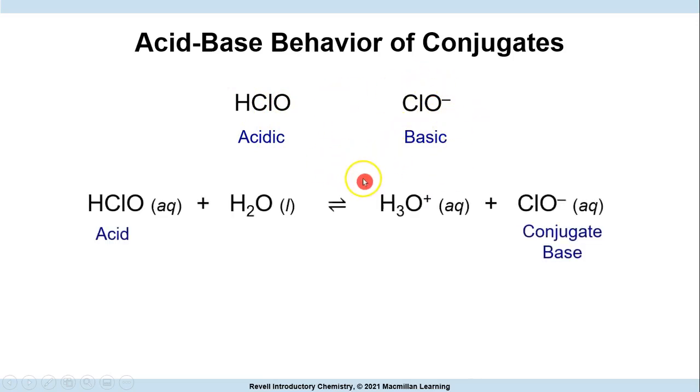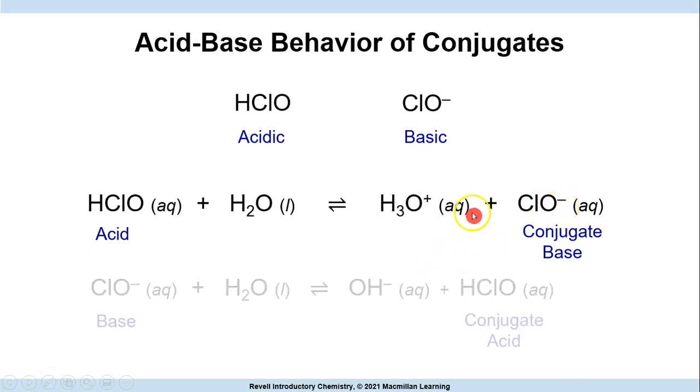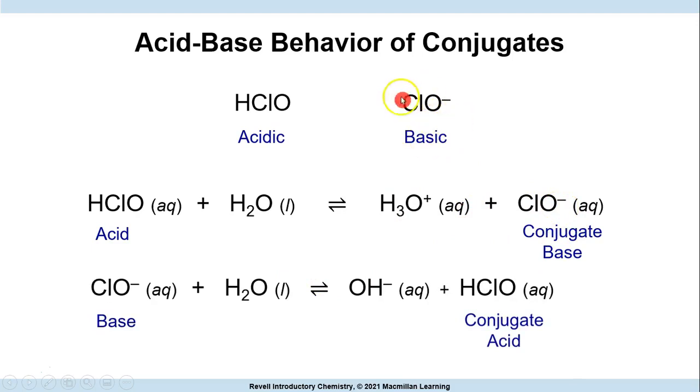Now in this reaction, we have the hypochlorous acid reacting with water to give the hydronium ion and the ion here. Now if we take this as the base and react it with water, we are going to have the conjugate acid, which is the hypochlorous acid.